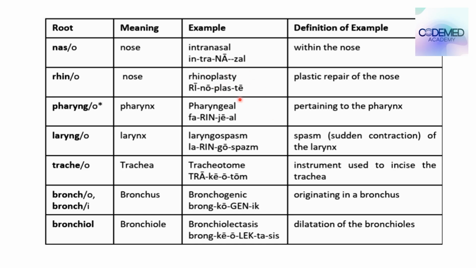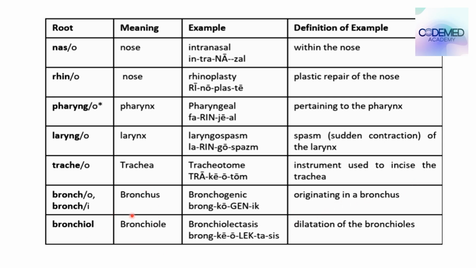Whenever we use the word plasty, it is repair. Then pharynx, pharyngeal, pertaining to the pharynx; larynx, laryngospasm, that is a spasm of the larynx. Try to make one more terminology with these words, like laryngotomy, laryngoscopy. Then the trachea, that is tracheostomy. Stoma is creating an opening into the particular organ.